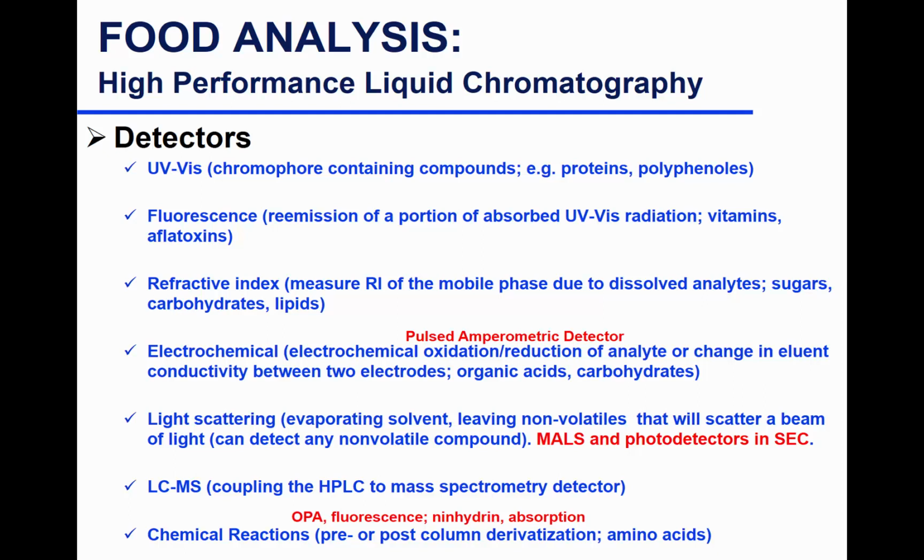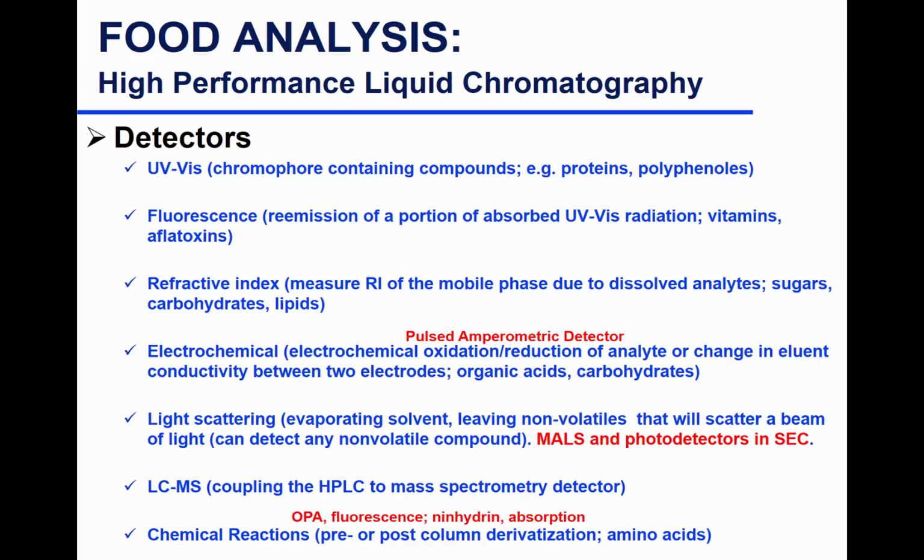Because in the detector you have electrodes, and you have a voltage, and when an oxidized compound or a reduced compound or a charged compound goes through, it generates a current. And that current, you can measure conductivity of that. So this is how the detector works.